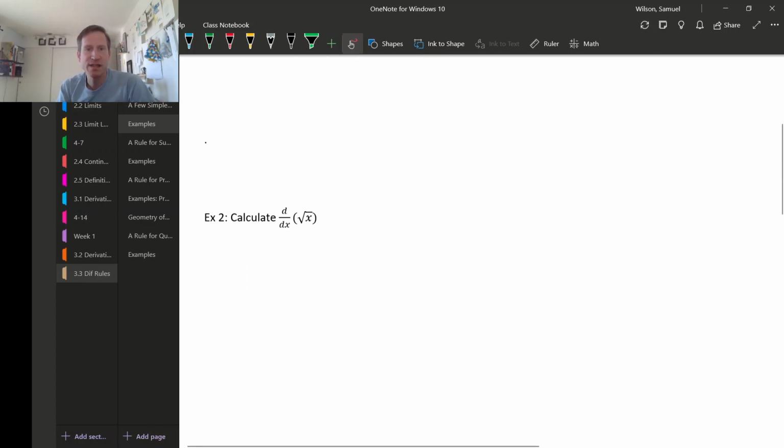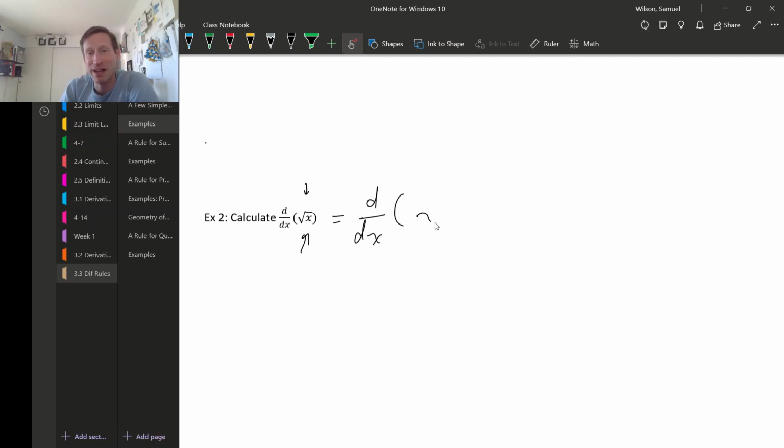All right, let's look at another example. Let's find the derivative of the square root of x. Well, do we have a derivative rule for square roots? We didn't state it that way, but remember the power rule works for any exponent, which we haven't proved yet, but we will eventually. So if we can rewrite a square root as a power, then we're good.